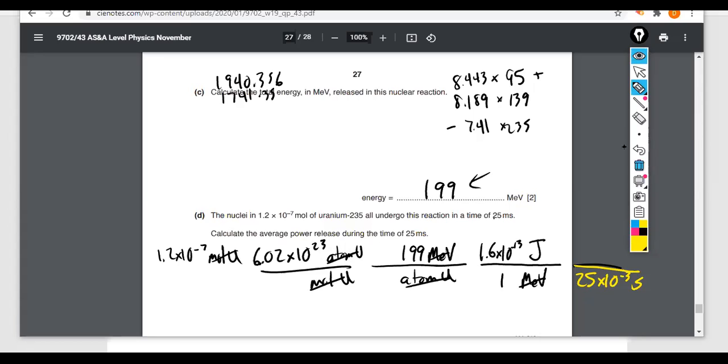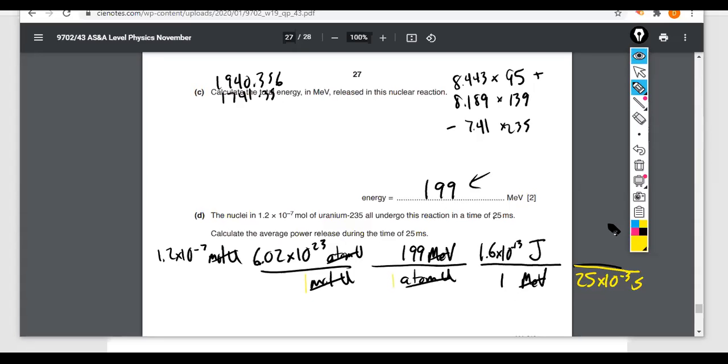So the last step here is to just multiply everything in the numerator and then divide by, I guess that's really the only value besides, these are all just ones, 199 per one atom, per one mole. So we're going to take our calculator. I've still got this number in my calculator, 199. So I'm going to start there.